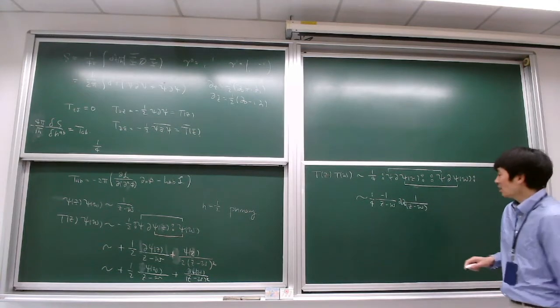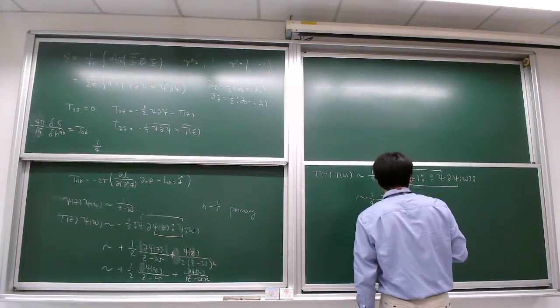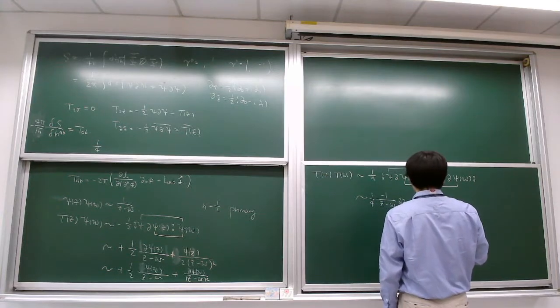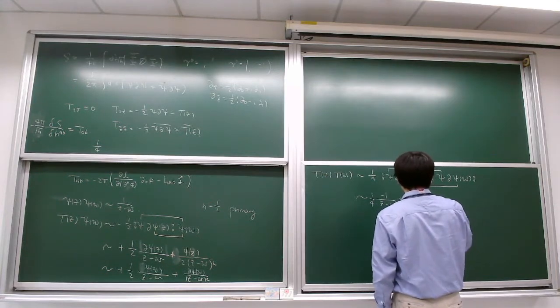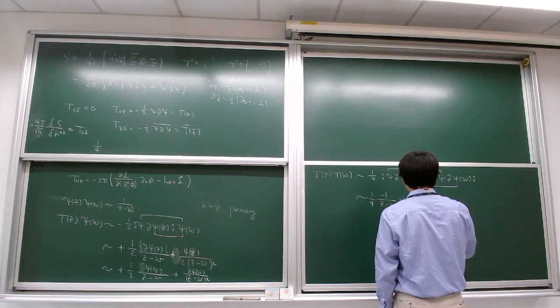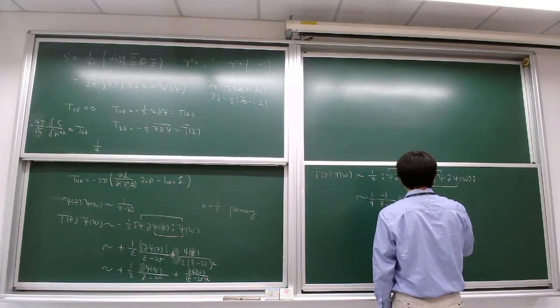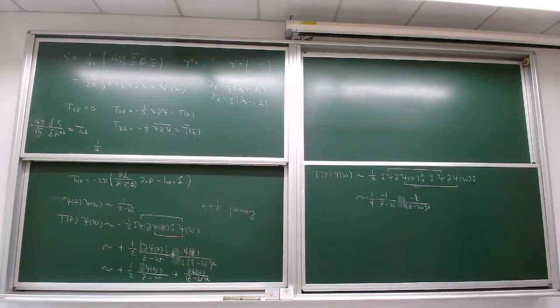I'm doing this, and hopefully you understand what I'm doing. Then this one will give you a square, and this one will give you minus cube, but a minus 2. Do you understand?